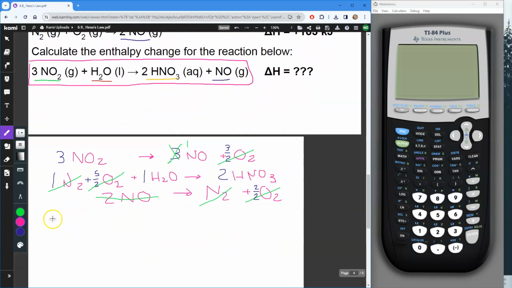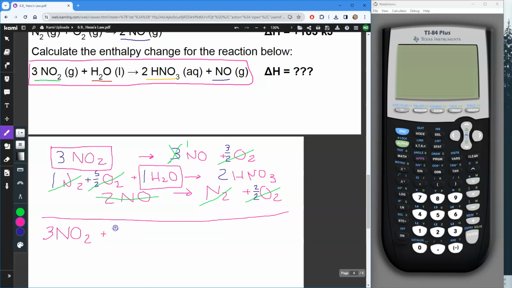So I know this looks like a giant mess, but let's go ahead and rewrite it. So we have 3 NO2s here. Okay. We have our 1 water here. Okay, what else do we have?